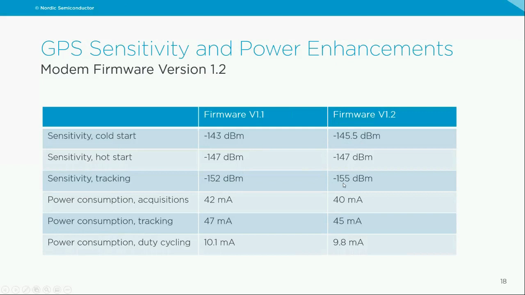And we have lowered the power consumption in basically all modes, acquisition, tracking, and duty cycling, with between 5 and 10%. If you look at the latest public product specification of the 9160, you can find all the details on the improved GPS numbers there.